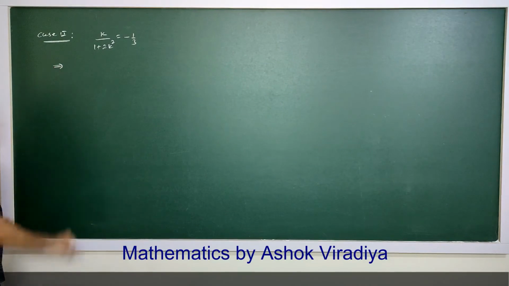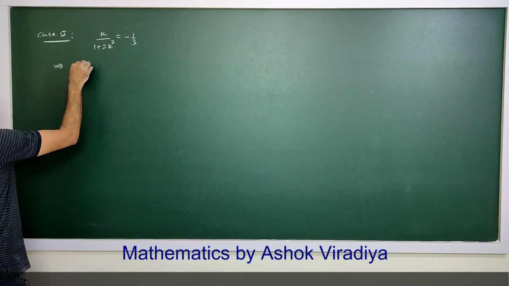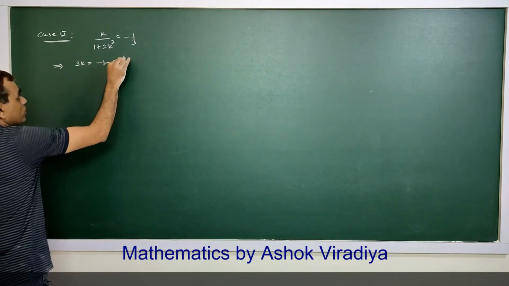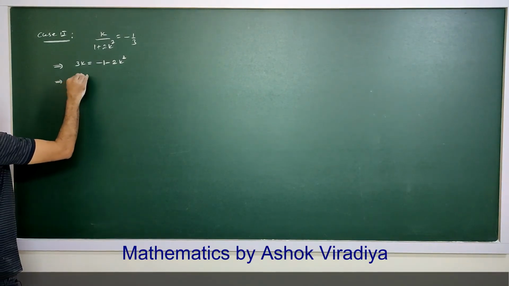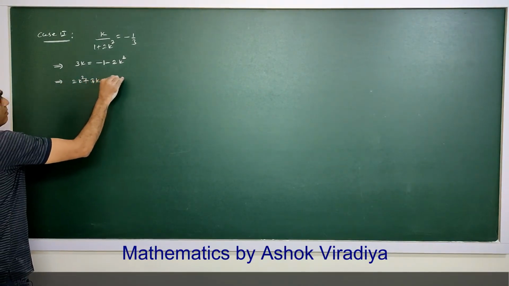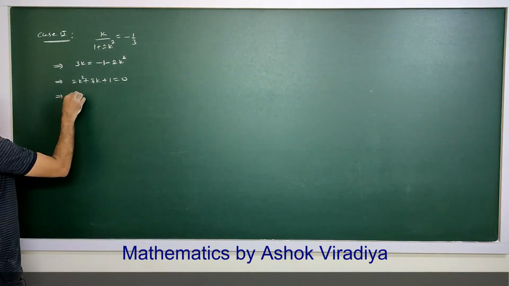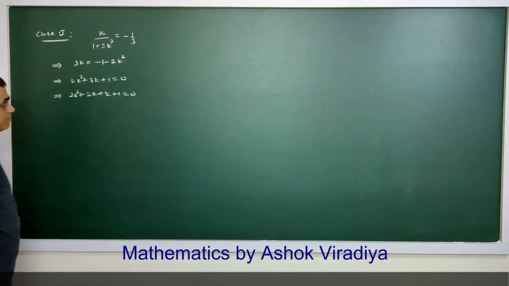So calculating this, 3k is equal to minus 1 minus 2k square. So 2k square plus 3k plus 1 is 0, that is 2k square plus 2k plus k plus 1 is 0.